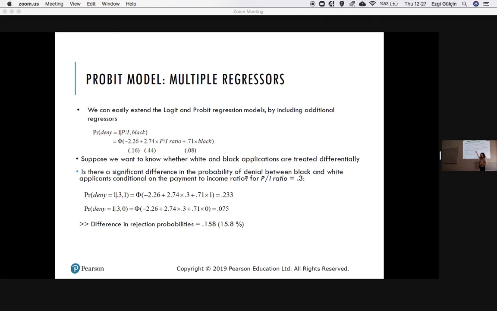For women, what is the effect of being black on the probability of being denied? By being black, the probability of being denied increases by 15.8%. So this is the interpretation that we are evaluating when the payment to income ratio is equal to 0.3.